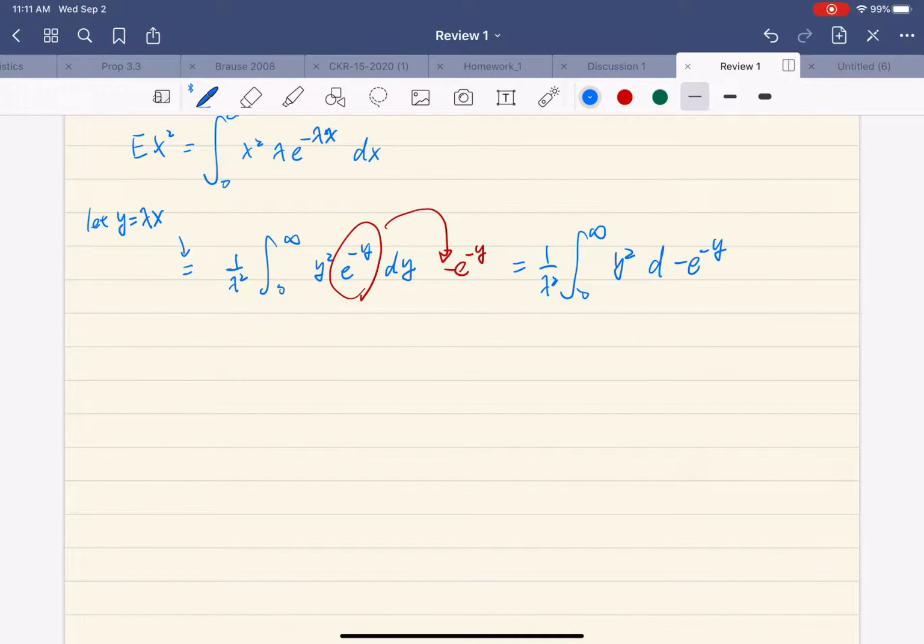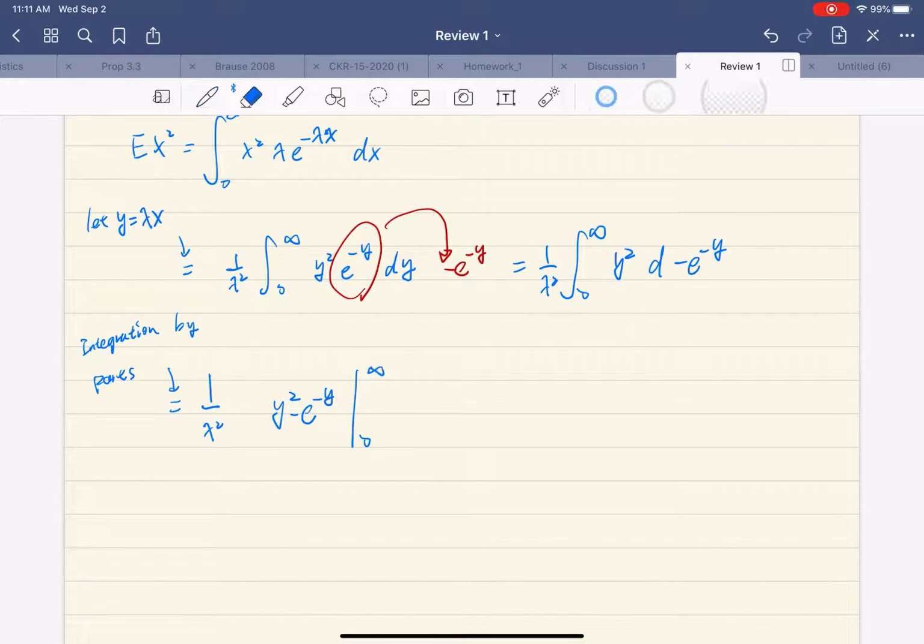Okay. And by the integration by parts, it can be 1 over lambda squared times y squared times negative e to the negative y, minus the integral of negative e to the negative y d(y squared).